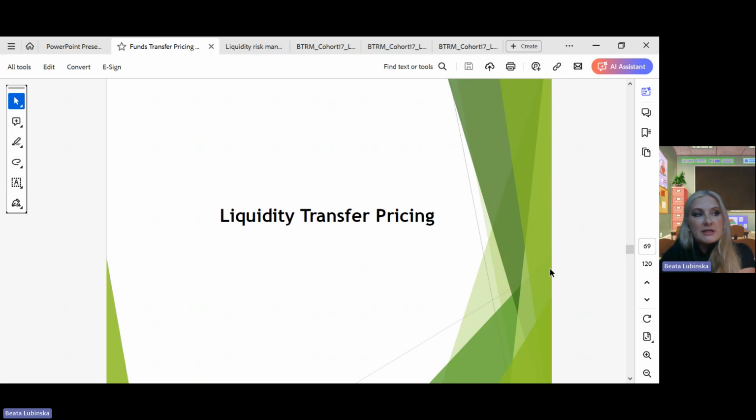In some cases, we can have negative cost of carry, which means that the funding of HQLA is higher than the return which we are getting from HQLA. And this is known under the term of negative cost of carry. And this is where we need to allocate this cost out from the ALM or treasury, because they are holding the HQLA because of the other products.